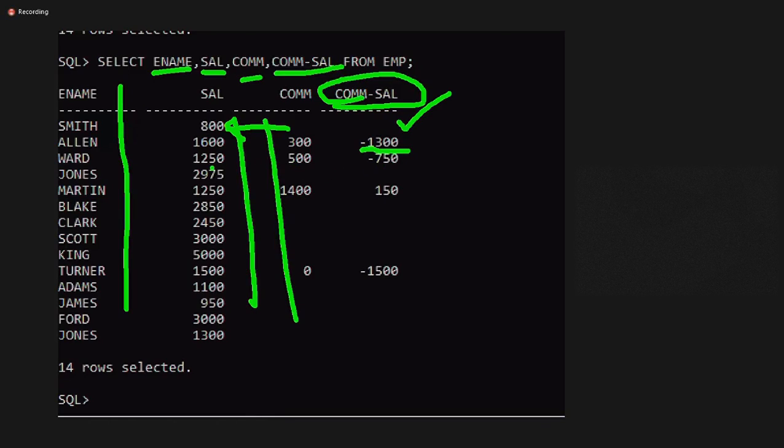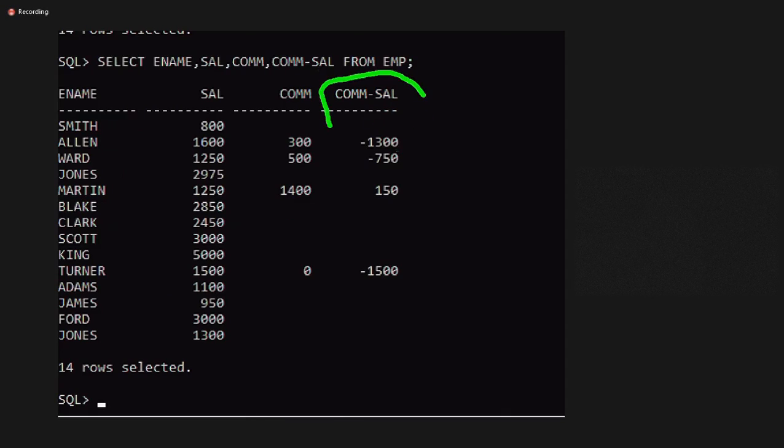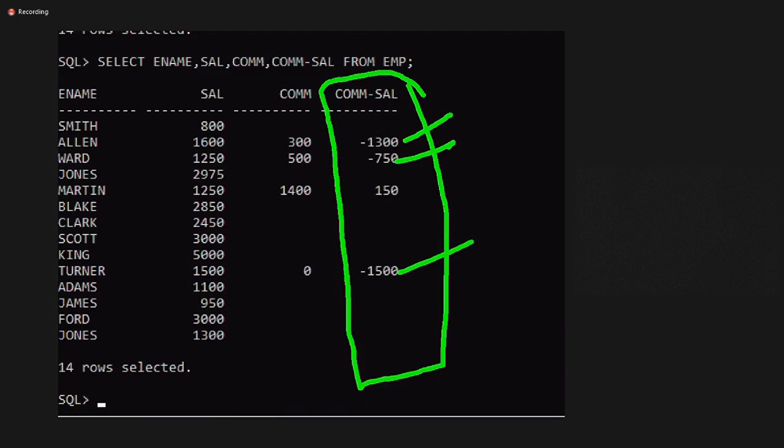And 500 minus 1250 is minus 750, again a negative value. And 1400 minus 1250 is positive 150 rupees. Remaining all are nulls. And 0 minus 1500 is again minus 1500. So now you can see in this commission minus salary, we have some negative values, right?